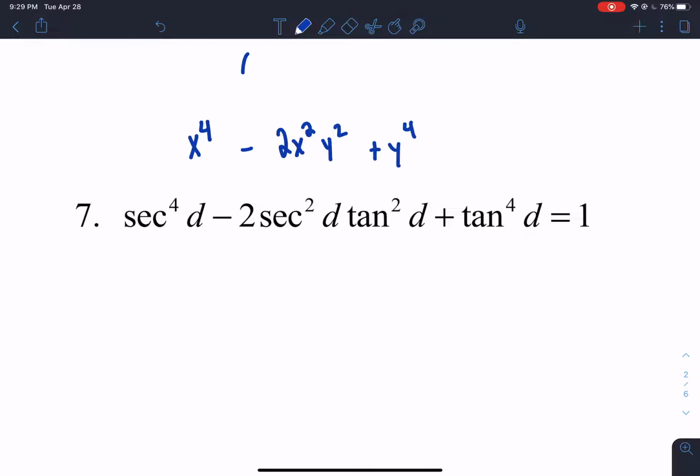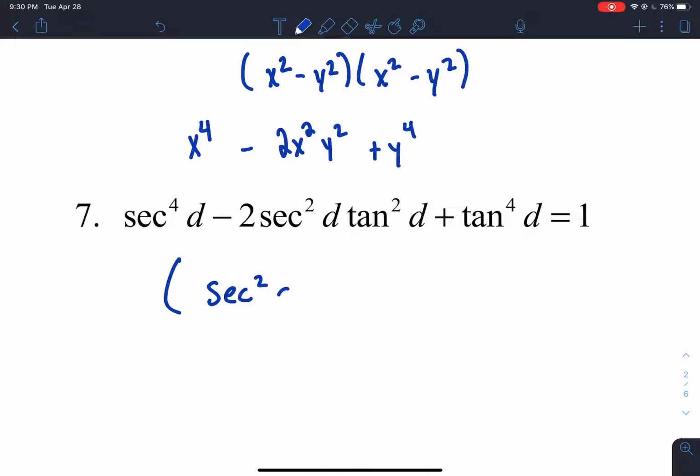That would be really just x squared minus y squared times x squared minus y squared. We're going to do the same thing here. We're going to treat secant like the x term, and tangent like the y term. So that's going to give you secant squared of d minus tangent squared of d, squared.